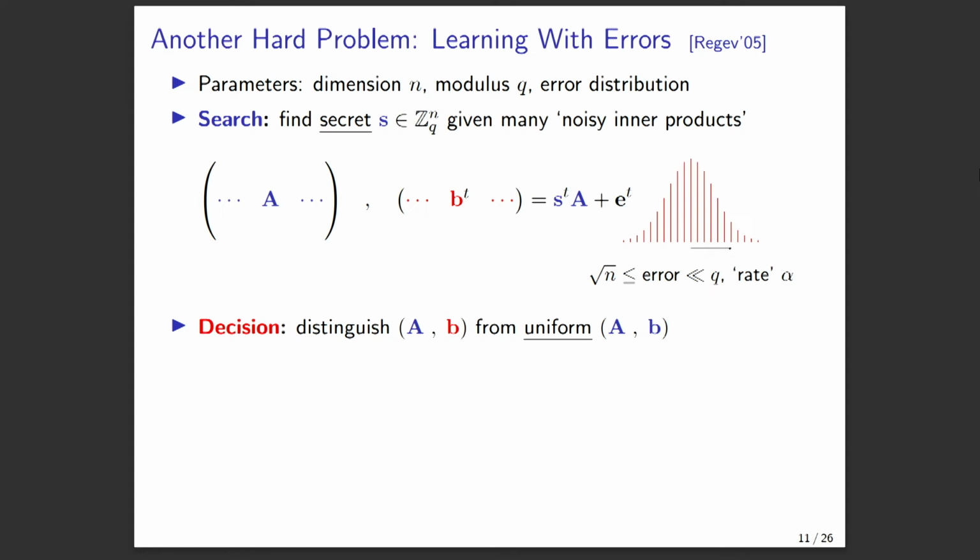So here, B is close to a row combination of A up to some error, and here B is just uniformly random independent. There's no secret, there's no error, there's no nothing. And so all you have to do here is to determine, was I given something of this form or something of this form? Right? So that's potentially an easier task when you just look at it syntactically. You don't have to solve, you just have to recognize.